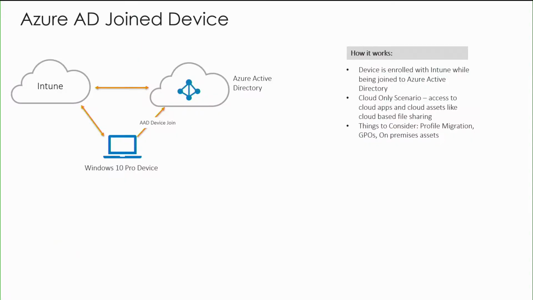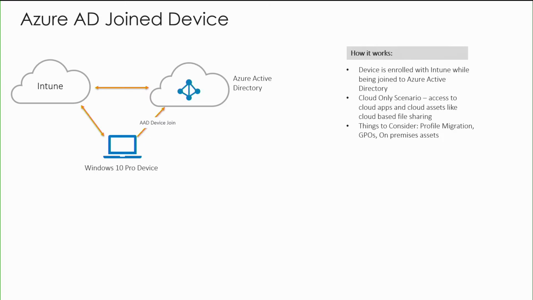So let's talk about what an Azure AD joined device is. Here we talked about what a Windows 10 Pro device joining Azure Active Directory does. Once you have a Windows 10 Pro device and you sign in with your Azure AD credentials, or your org credentials, generally the username and password that you get with Microsoft 365 Business, it signs into Azure Active Directory, and then Azure Active Directory will invoke your Intune policies, and Intune will now manage your Windows 10 Pro device.